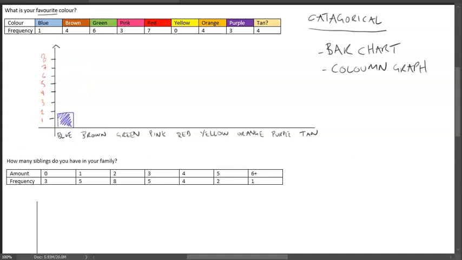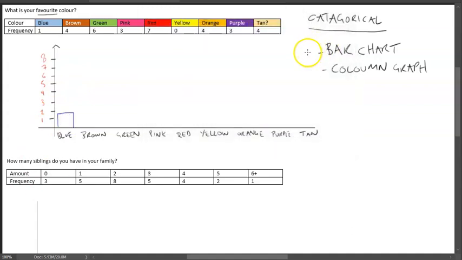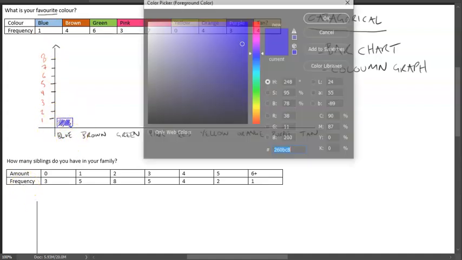Next color is brown. Now I've just made a boo-boo. Let's go backwards. Blue is 1, so I'm going to represent it to 1. I kind of did like 1.7 something. There we go. So because blue is 1, we're going to draw the bar up to 1. The next one is brown.